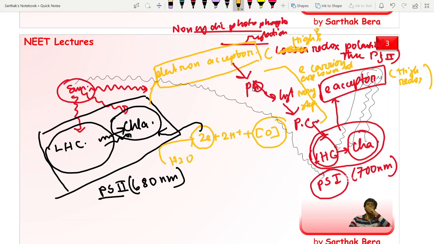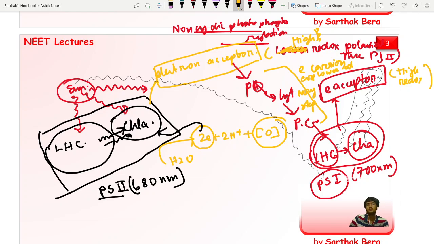That means the plastoquinone has a higher redox potential than cytochrome, and the cytochrome has a higher redox potential than plastocyanin. So the electron carriers pass their electron down a redox potential gradient, and this electron acceptor is at a higher redox potential than photosystem 2.